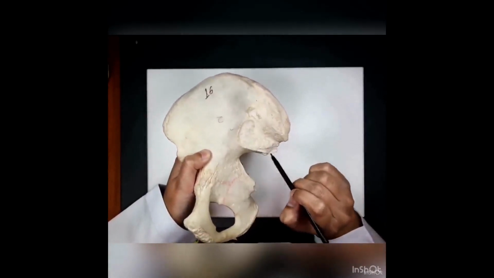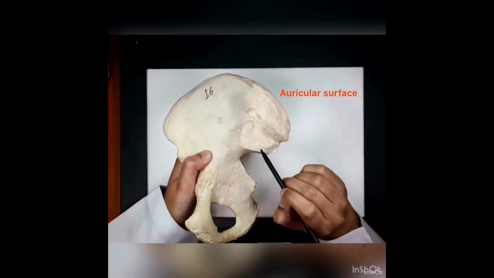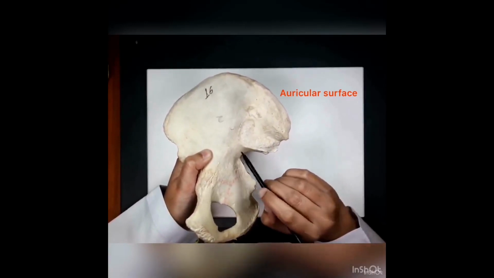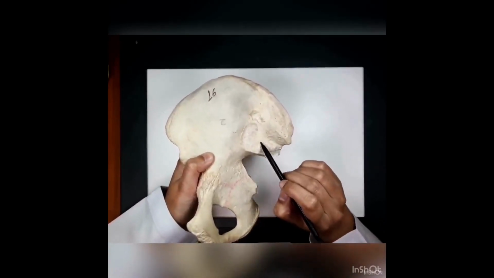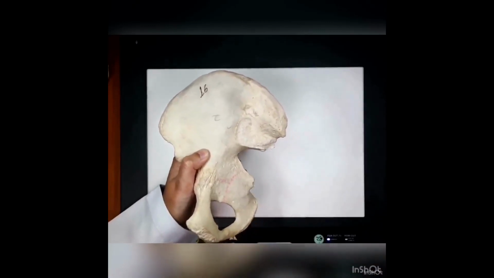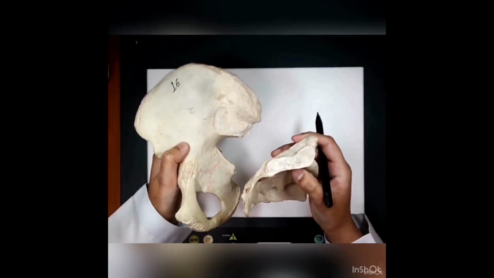Below it there is an articular area. It is also known as auricular area because it appears like the ear pinna, and below it is the pelvic surface. This auricular surface is articular. It articulates with the sacrum. Here in the sacrum also you can appreciate the same kind of area.